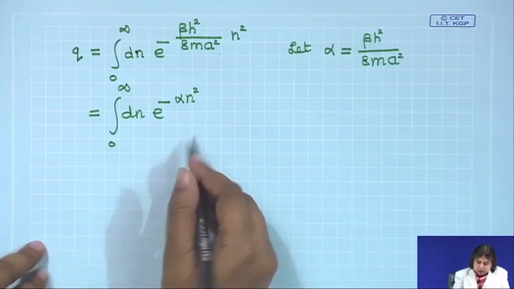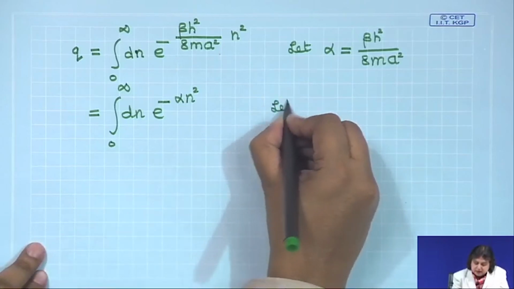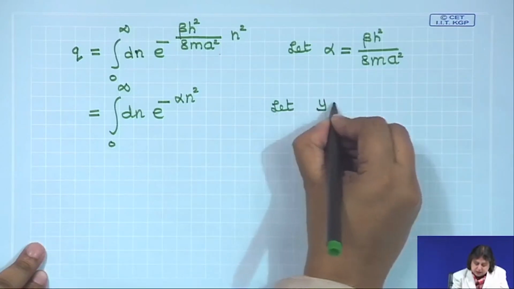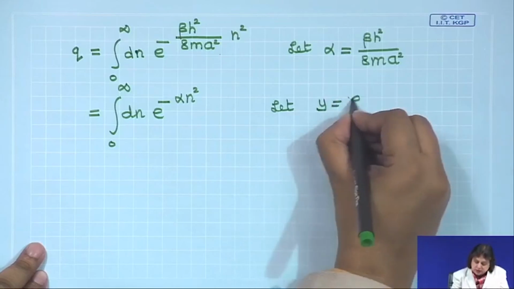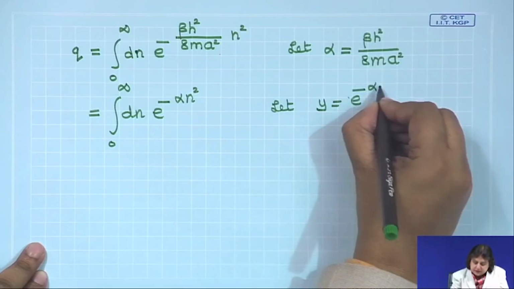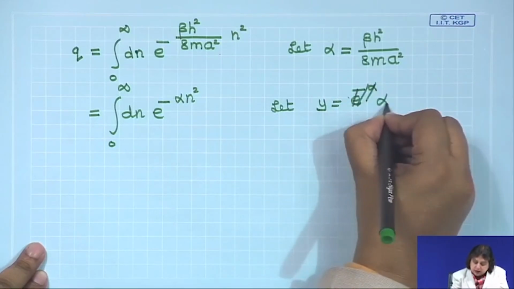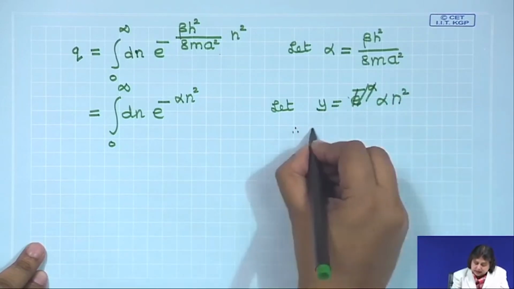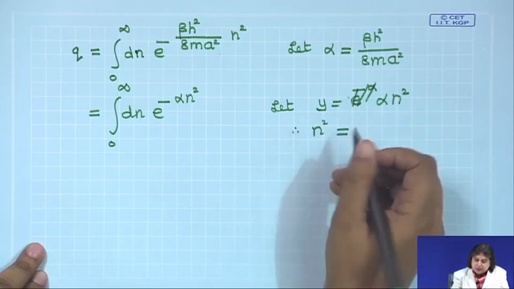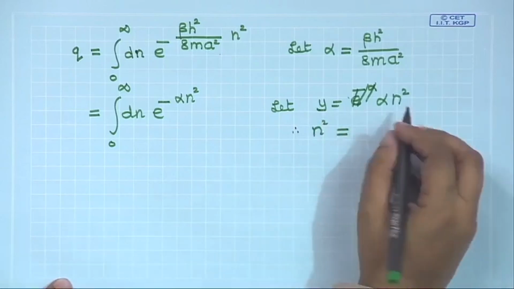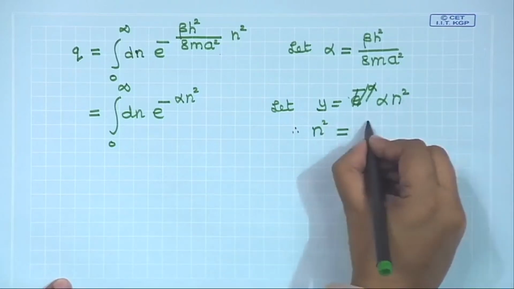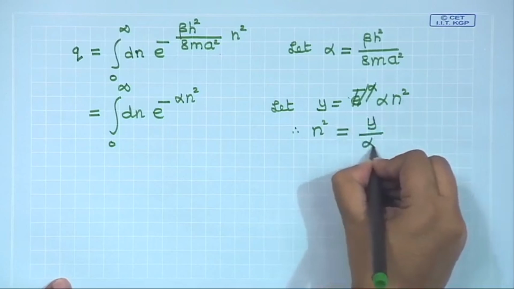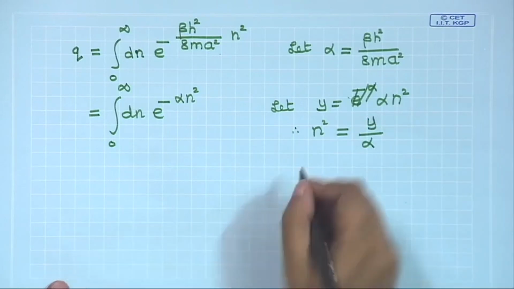In order to do so, let me make a further assumption. Let me say that y is equal to alpha n square, right. So, what is n square? n square is equal to y by alpha.